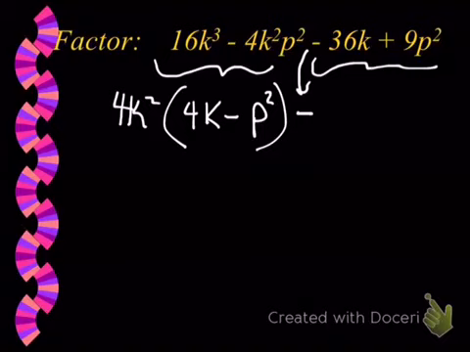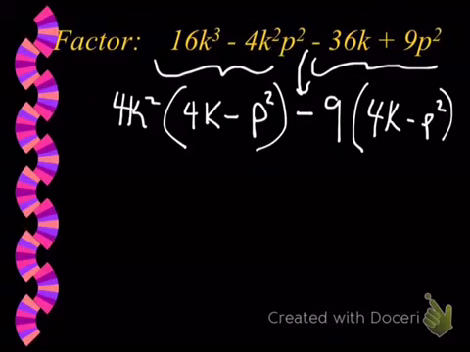If that term's negative, take out a negative. Negative what? What's the GCF here? Just 9, right? Because 36 and 9 are both divisible by 9. And that'll leave us with 4k minus p squared. And then we have this common binomial factor.